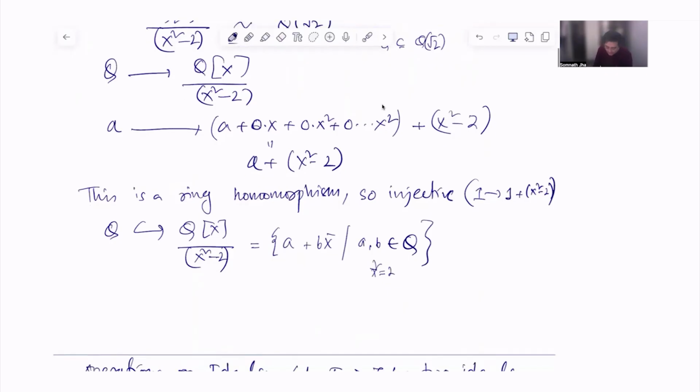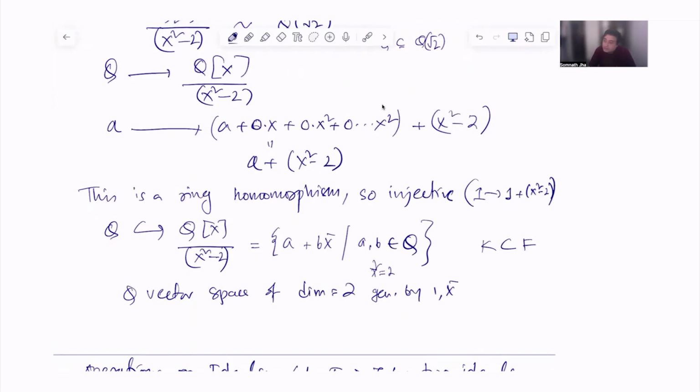So that means this is a Q vector space of dimension 2 generated by 1 and x bar. So Q sits inside this field Q[x] by x squared minus 2. And from your elementary linear algebra, you know whenever a field K is contained in a field F, then F is a K vector space. This is basic linear algebra, right? Think about it.